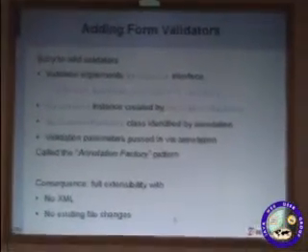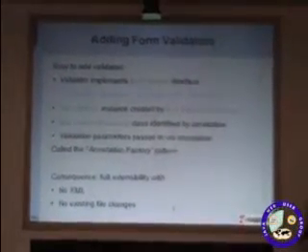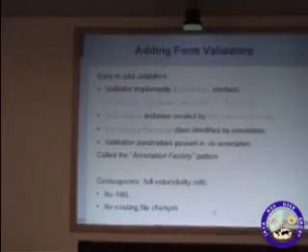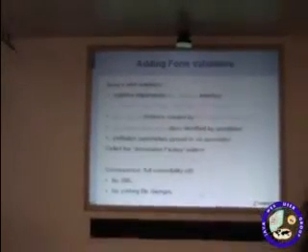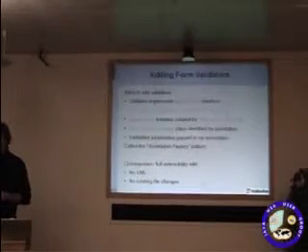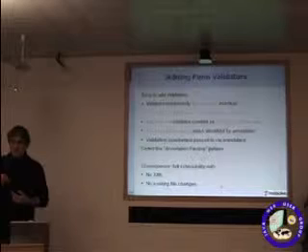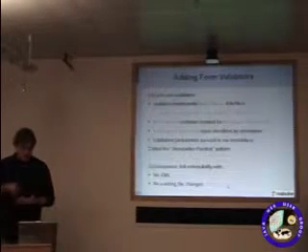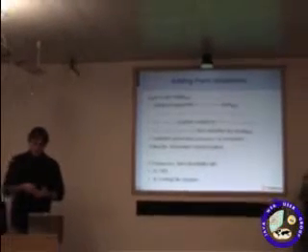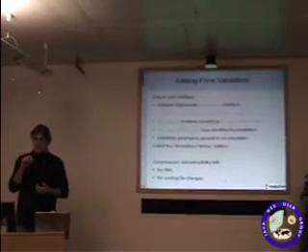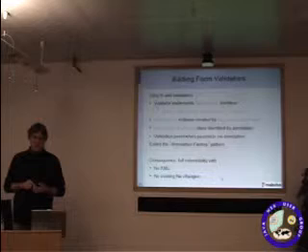So if you're going to add a new validator, all you need to do is create a new implementation of this validator interface. You create a factory class which is going to be able to take an annotation that you create and turn that into an instance of that implementation, and then with your annotation, you define the name of that factory class.